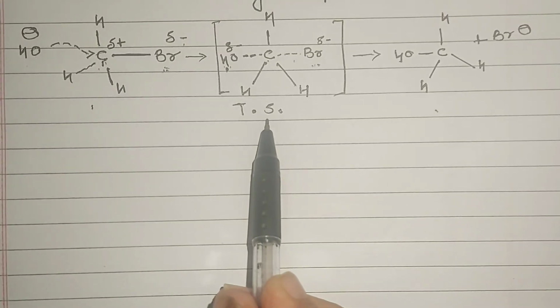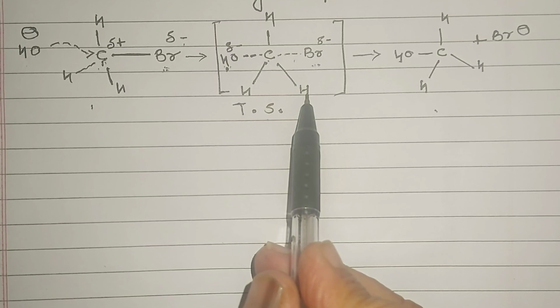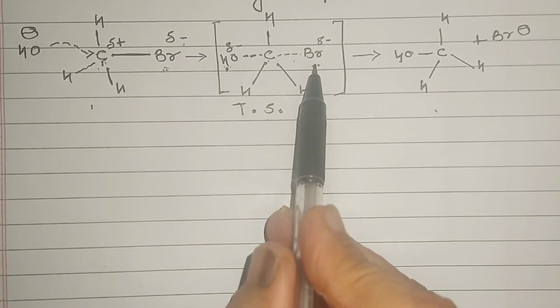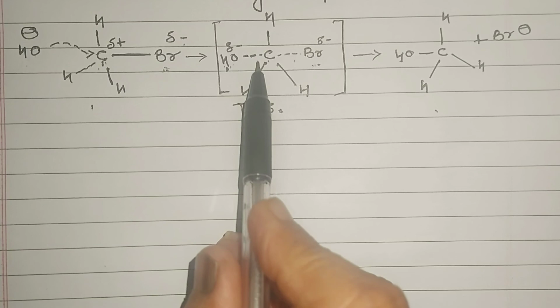The transition state is trigonal bipyramidal. These 3 hydrogens are in the same plane, and OH negative and Br negative are partially bonded to the carbon.